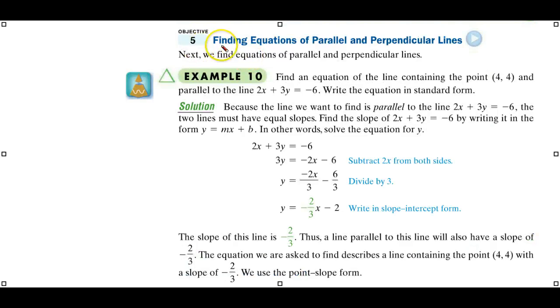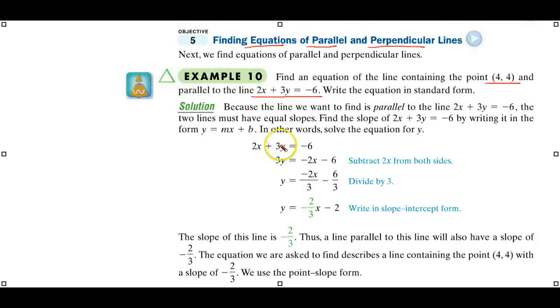In Objective 5, we're asked to find equations of lines that are parallel or perpendicular to an equation they give you. And they'll also tell you what form they want the answer in. So let's take a look at number 10. Find an equation of a line containing this point and is parallel to this line. Well, if it's parallel to this line, it must have the same slope.